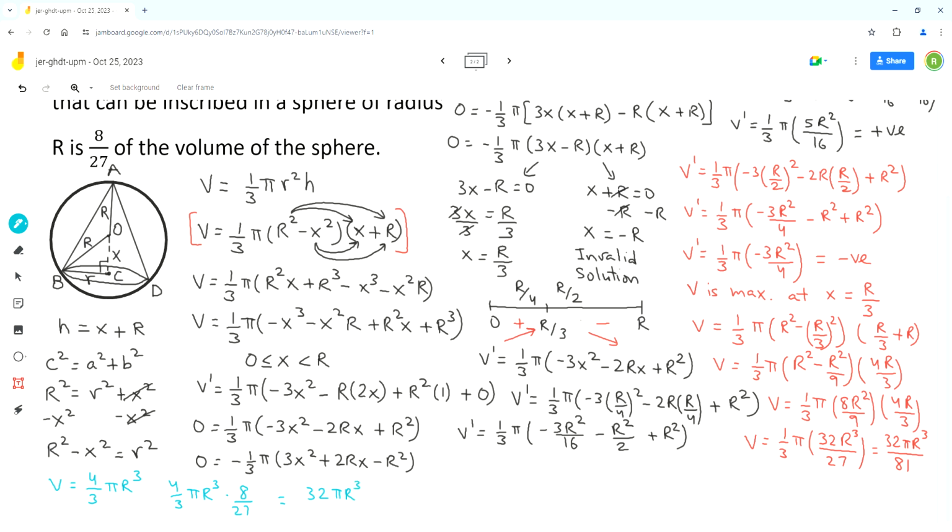Four times 8 is 32 and 3 times 27 is 81. So we get the same expression as the volume of the cone. That means the greatest cone that can be inscribed in a sphere of radius r has the volume, which is 8 over 27 times the volume of the sphere.